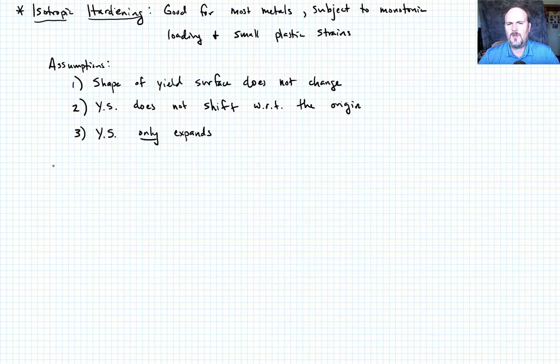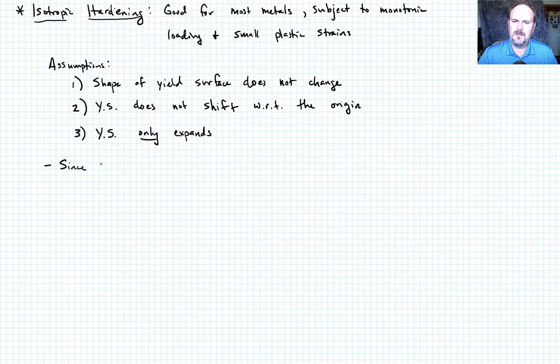Okay, since the yield surface from the above equation really was just governed by k0 squared, right? That's what told us the outer boundary. We could just replace that k0 value with some new value that governs that outer boundary. So let me write that down.